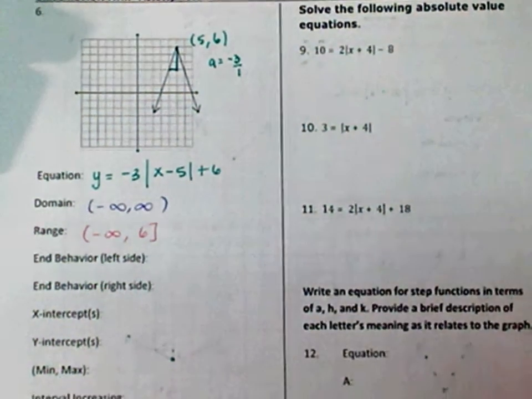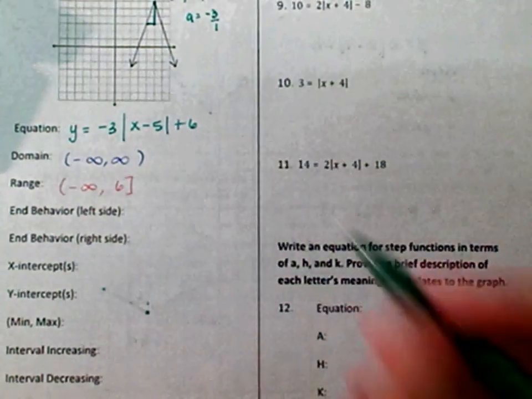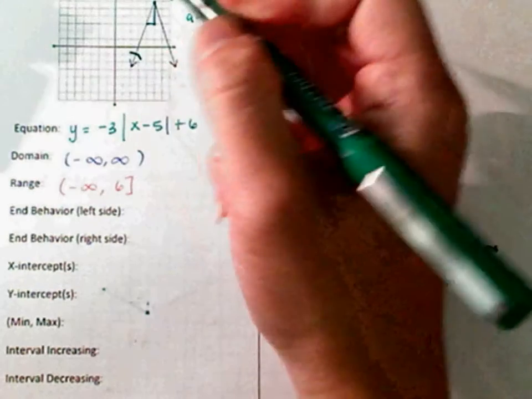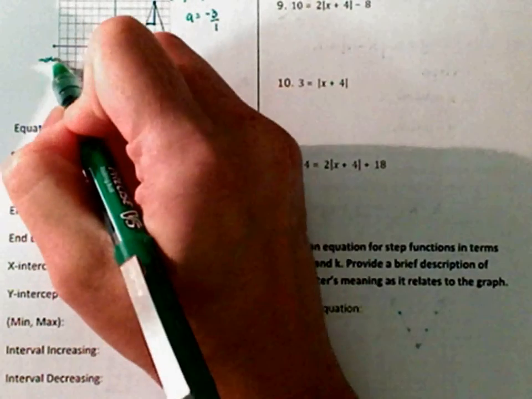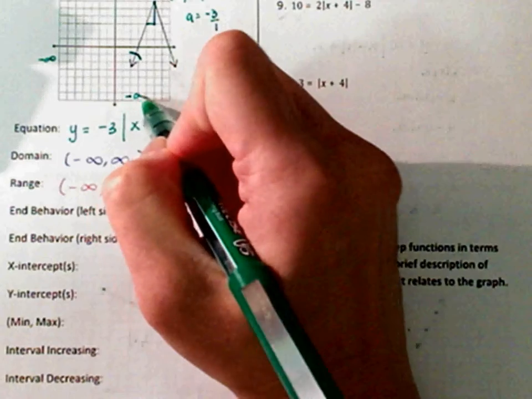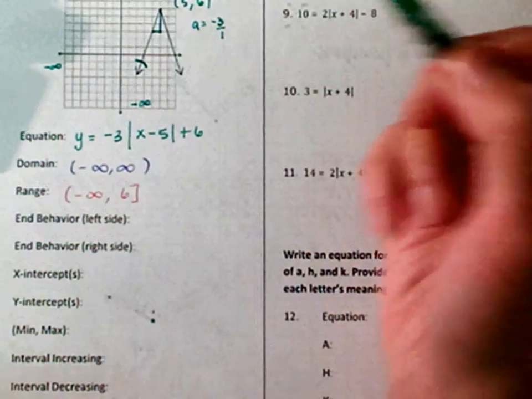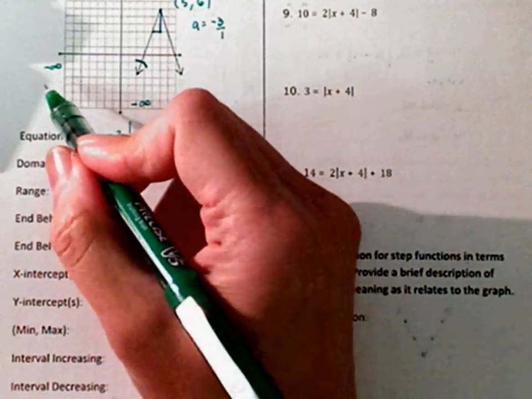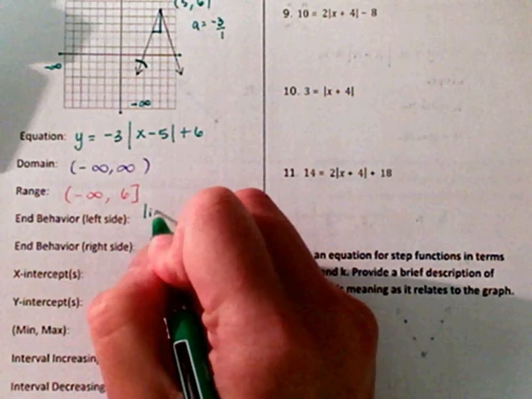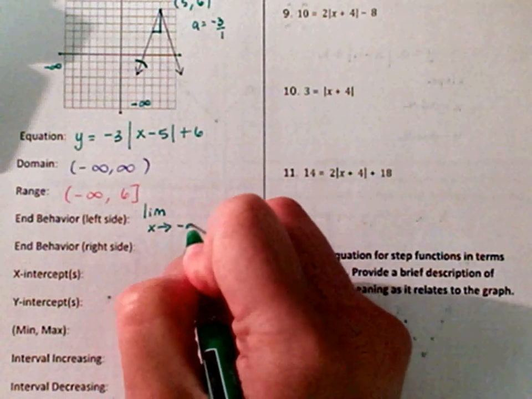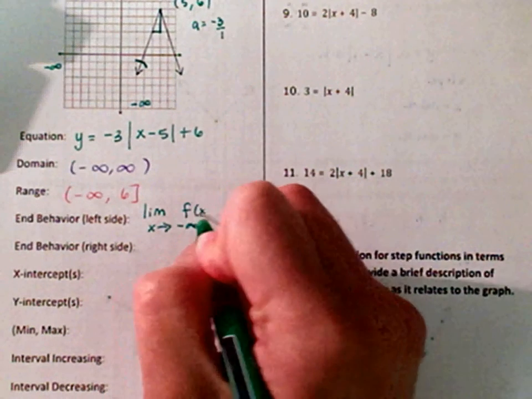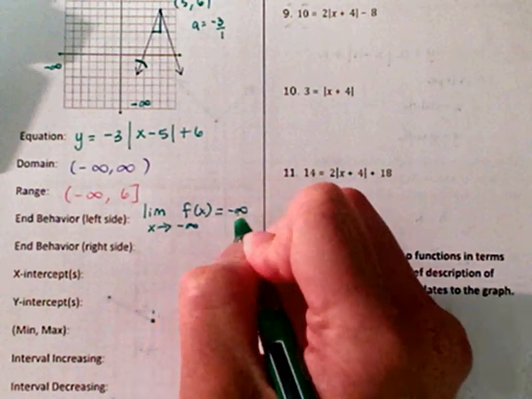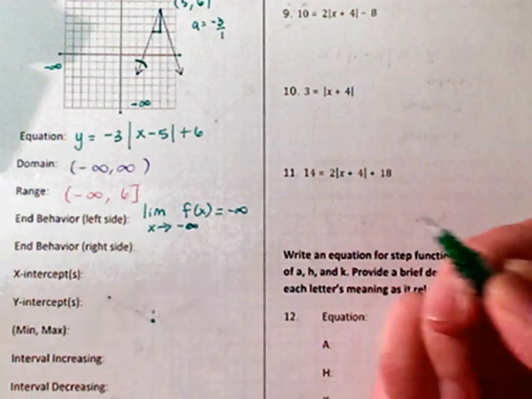Your end behavior. On the left side right here, as you are approaching negative infinity, you're also going toward negative infinity. Southwest. Write it correctly or I will count it wrong. As x is approaching negative infinity, y is also approaching negative infinity.